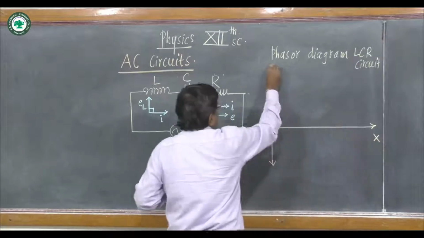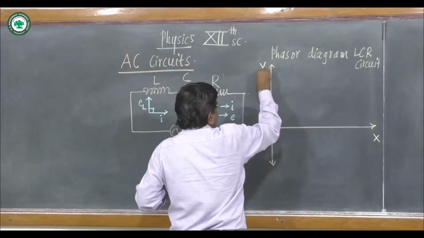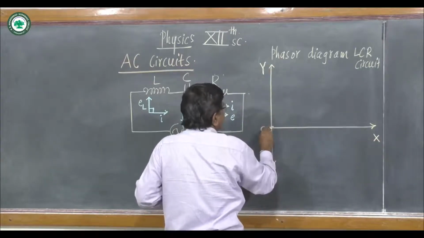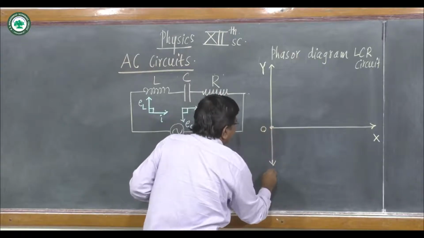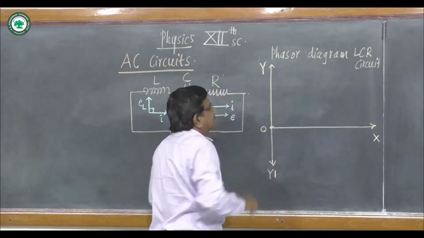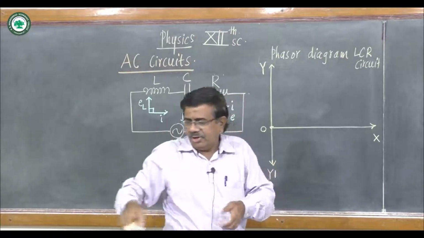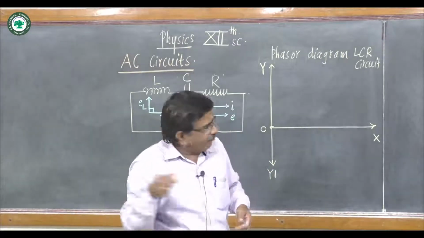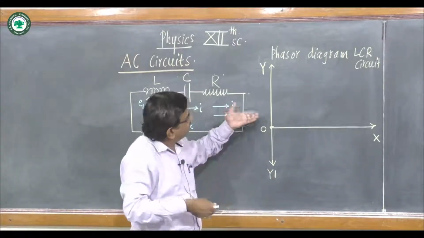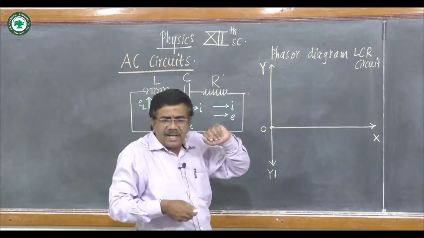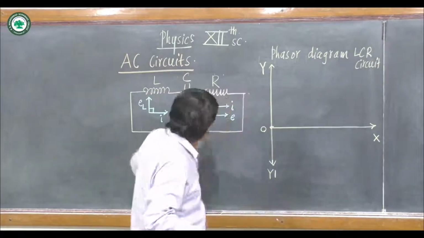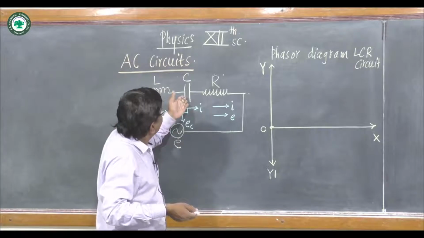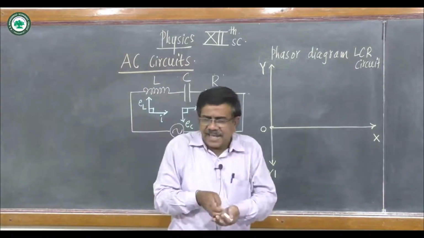X axis, Y axis, suppose this is origin, Y dash. We draw the EMF across inductor, capacitor and resistor for these components, that is EL, EC, ER in this phasor diagram.